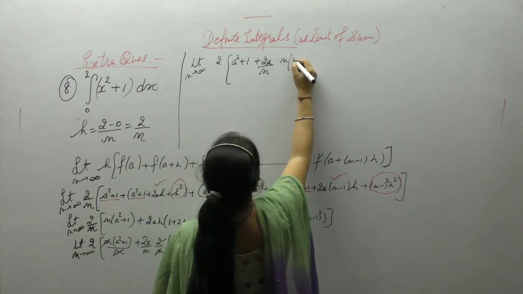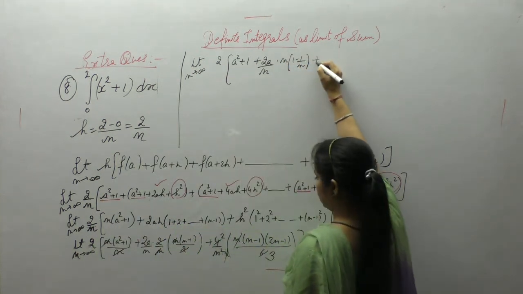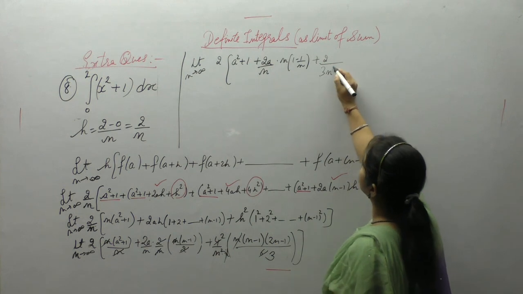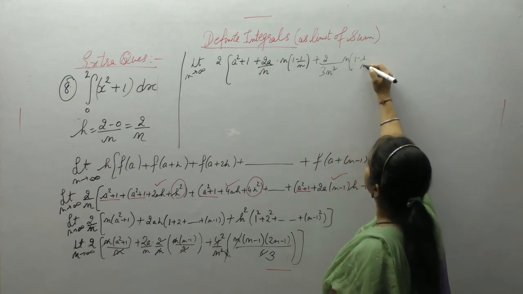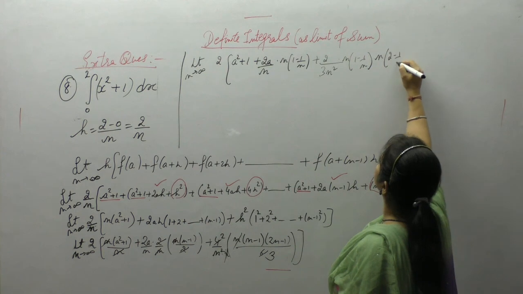Take n common, 1 minus 1 by n, 2 by 3 n square. Take n common, 1 minus 1 by n. n common, 2 minus 1 by n.